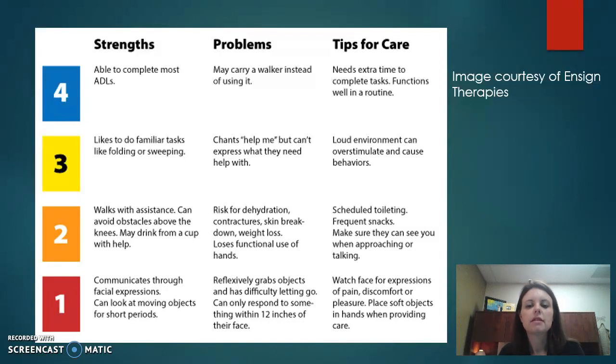So something like this might be used to train direct care staff, but think about those tips of care and how they might correlate to specific strategies that you might use in therapy or in training a caregiver on how to interact with an individual who has a lower cognitive level.